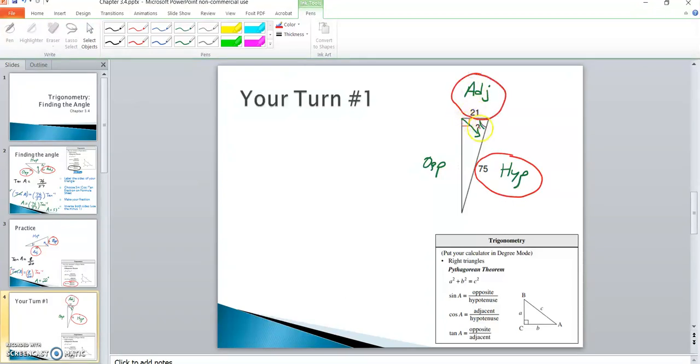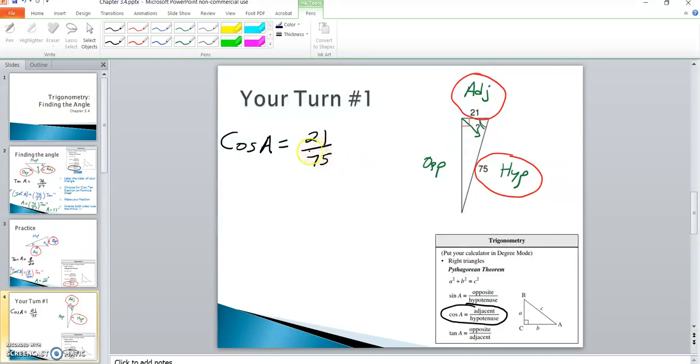So it looks like the 2 sides that I have are my adjacent and my hypotenuse. Which is cos. So I'm going to write out my adjacent, which is 21, and my hypotenuse, which is 75.